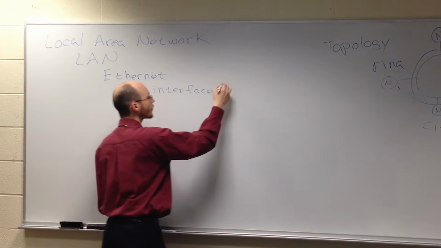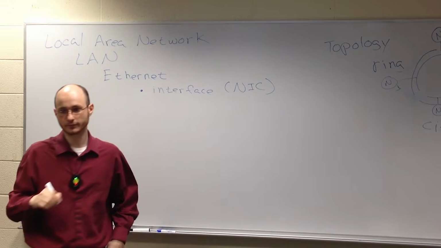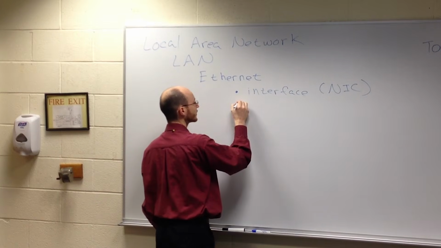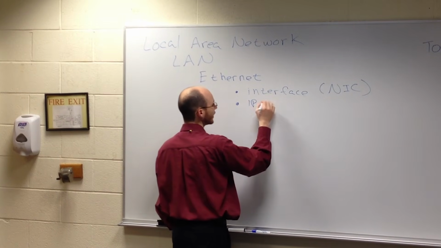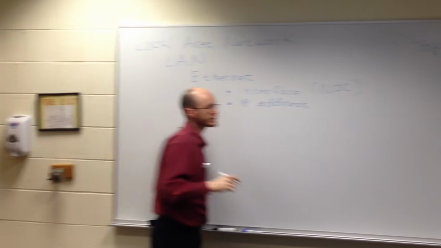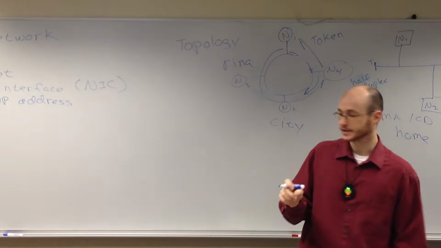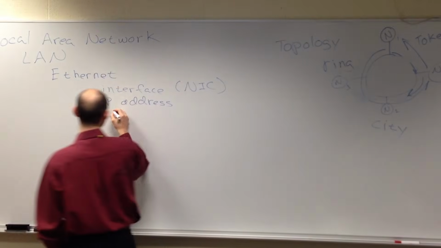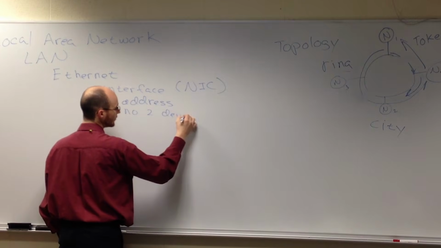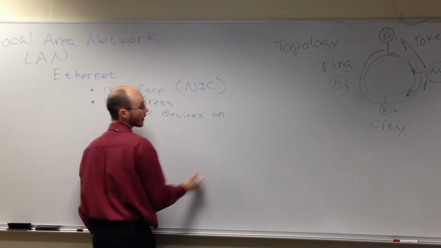It's called a network interface card. The Ethernet standard also states that we're going to be using IP addresses to identify each node. Hence, it basically says, as a sub-bullet, no two devices on the same network can have the same IP address.